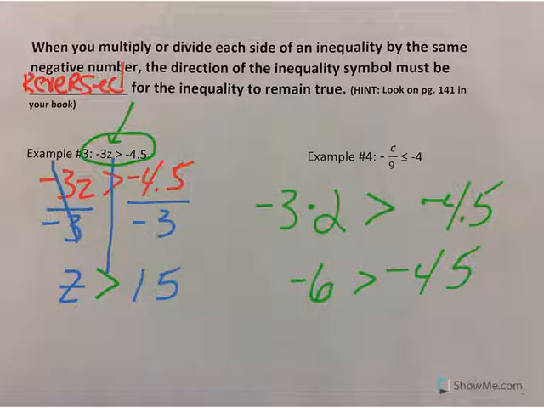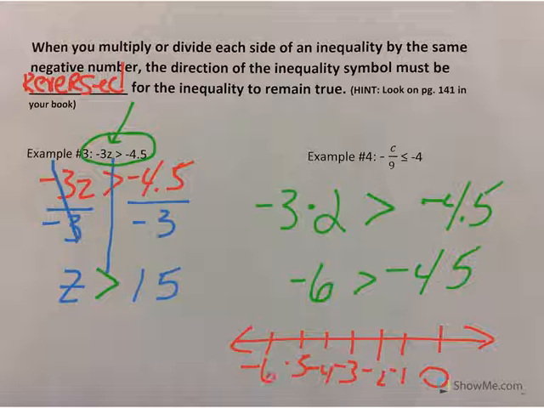So you would have to ask yourself, is that true or is that false? Is negative 6 greater than negative 4.5? And the answer is false. We would be able to see that on a number line. Here's 0. This would be negative 1, negative 2, negative 3, negative 4, negative 5, and negative 6. Remember, on a number line, whichever number's on the right is always the biggest number.